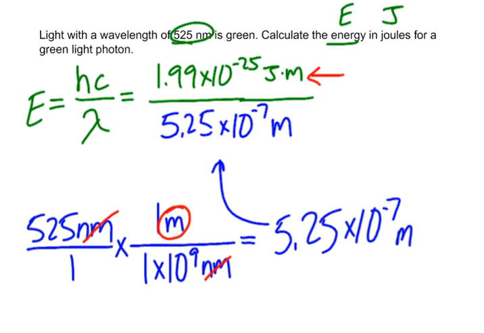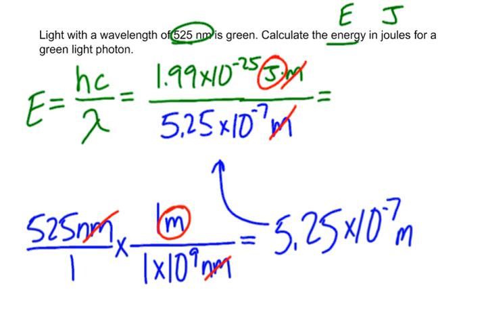Now that that meter is there instead of nanometers, my meters can cancel out, and I'm left with just joules. So if I go ahead and solve this and do the math, I get 1.99 times 10 to the negative 25th divided by 5.25 times 10 to the negative 7.